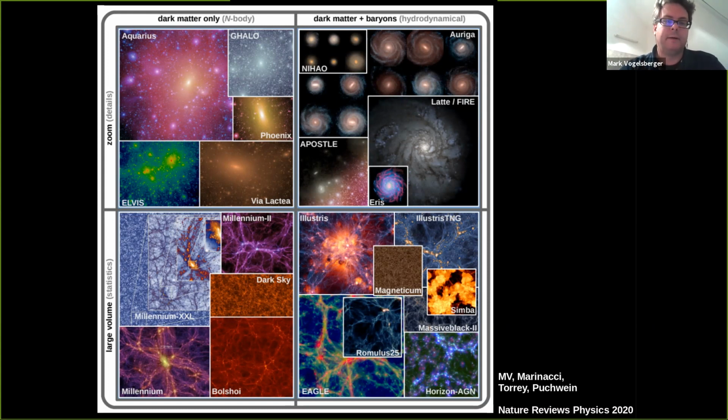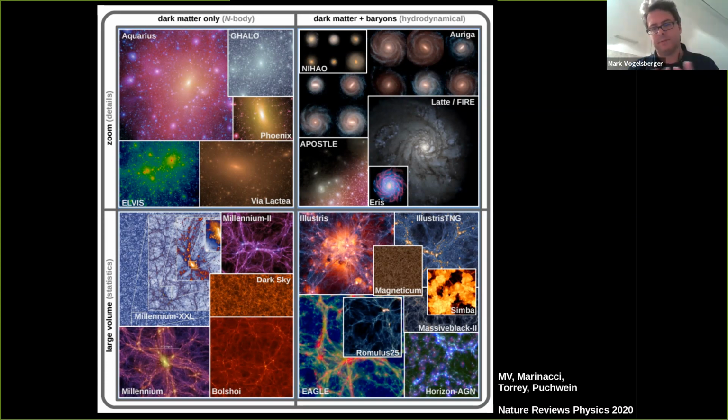And of course, they also have the advantage of being a very clean problem. At the end of the day, it's only gravity. Whereas if you couple things to hydro, a lot of other effects come into play, and sometimes it's very difficult to disentangle all these effects. In that sense, n-body provides a very clean setup to study certain problems that are still relevant today.